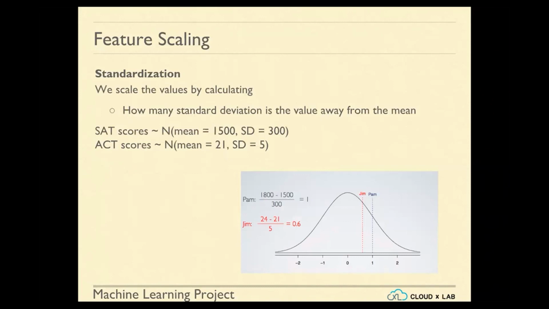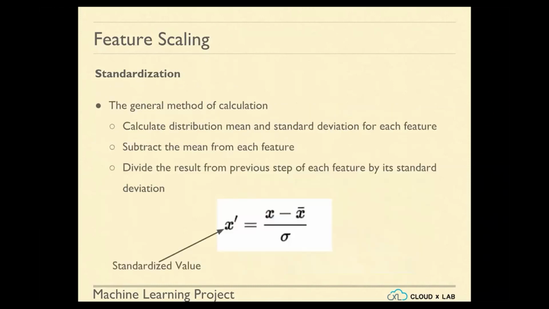That's how we calculate the new value. We first find the standard deviation and the mean, then figure out how far the value is from the mean, and how many standard deviations that distance is.